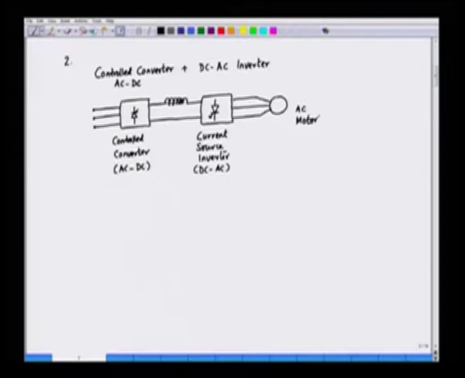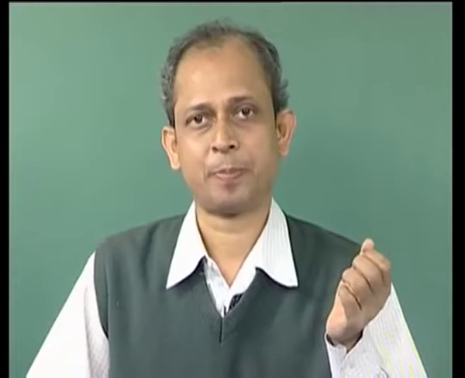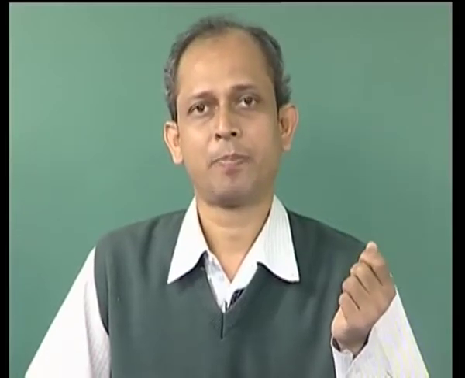Now, in this topology also, if we see, the front end is an SCR controlled rectifier having thyristors. In the front end also we will have harmonics. When we delay the triggering angle, the phase angle will also change. So, in this case the situation is a little different from the uncontrolled rectifier.